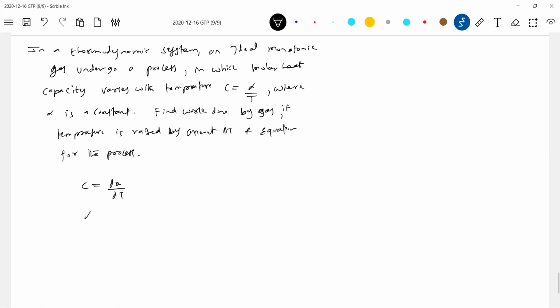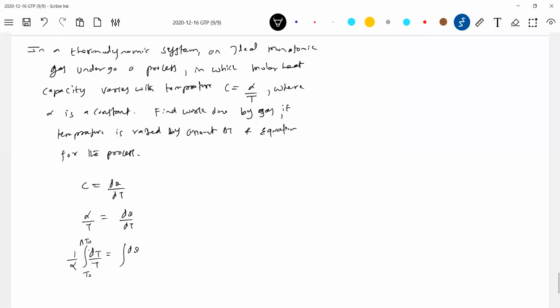Further, C is alpha by T. So dQ is alpha dT by T. I'll vary the temperature from T0 to eta T0.